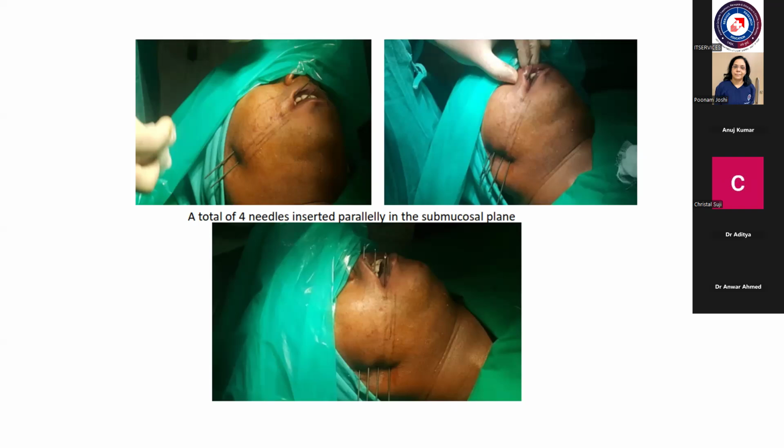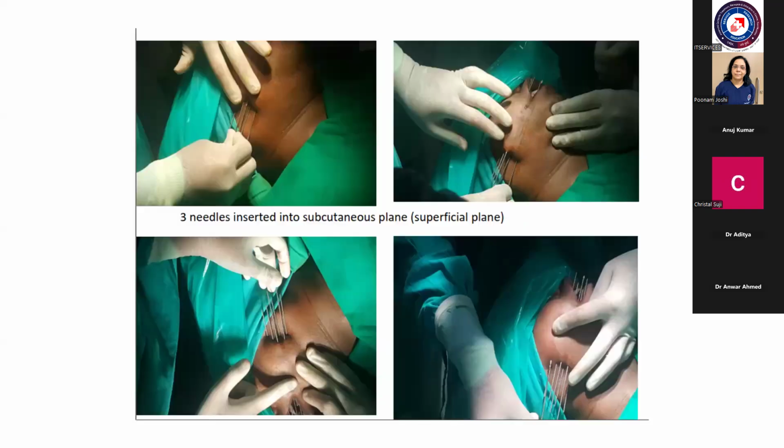So here we touch on the surface of the skin and see that the cutaneous plane is very close, not extremely close to the skin, but it should be close so that we know that a good geometry is maintained and there is a good gap between the subcutaneous and the submucosal plane. So for this patient, a total of 7 needles are inserted, and subsequently the treatment is delivered.